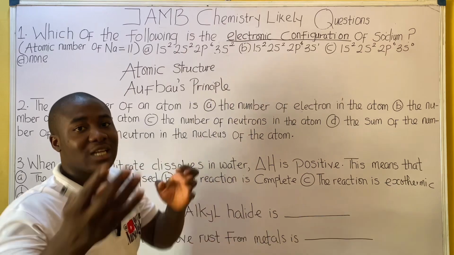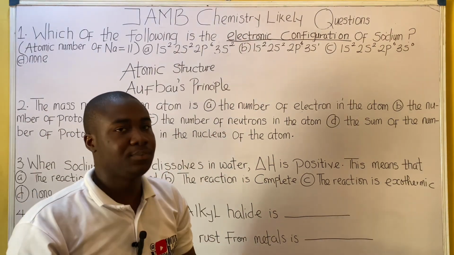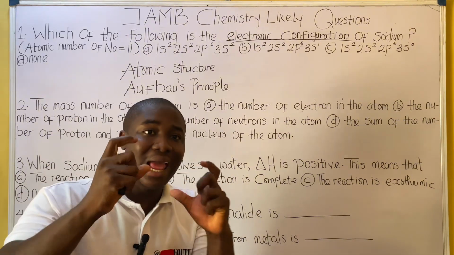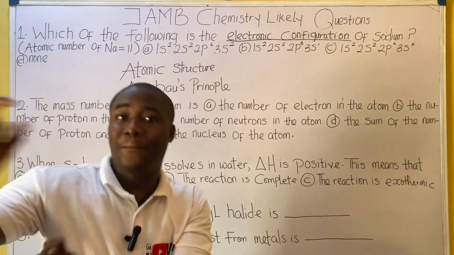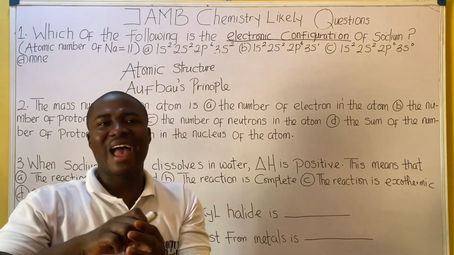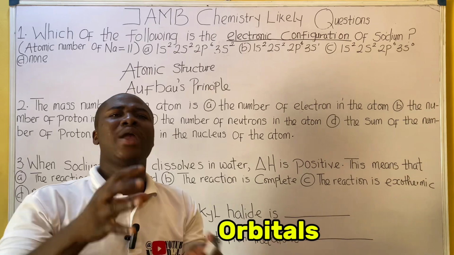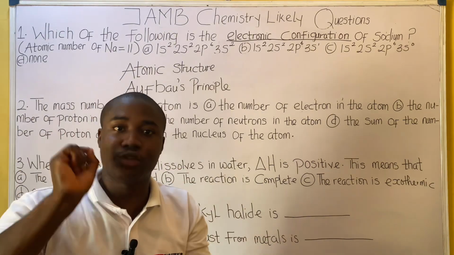There is a man that actually brought about this principle, and what he said is that electrons should occupy orbitals first before they progress. You can see I have mentioned orbitals. We have to know the orbitals we have in an atom or in chemistry in general.